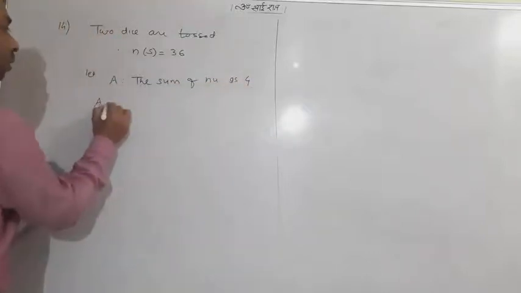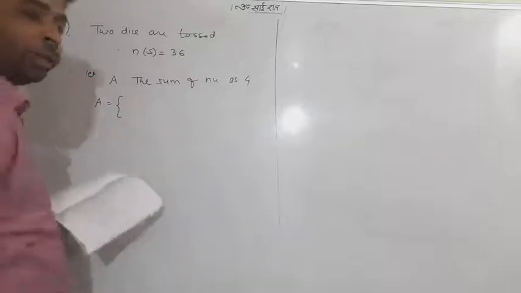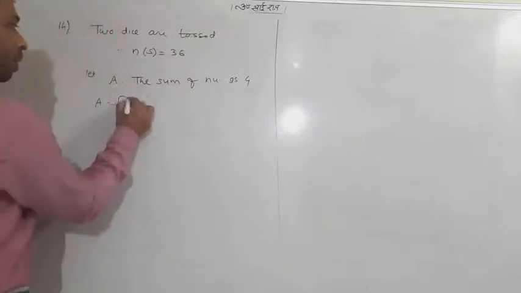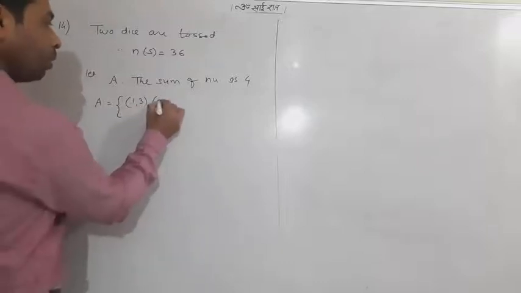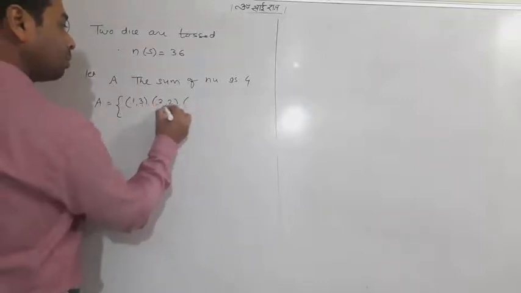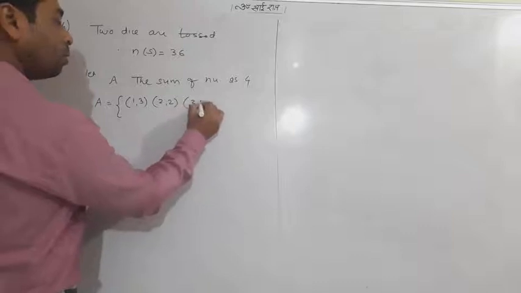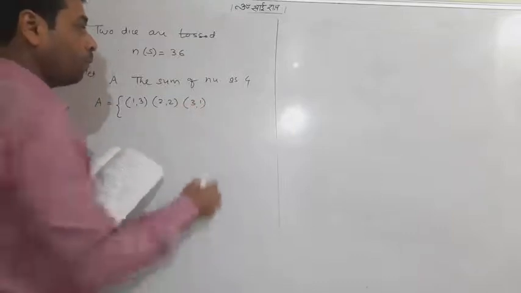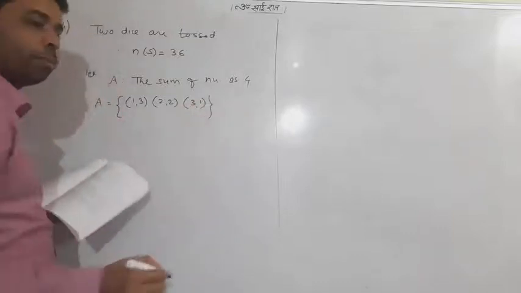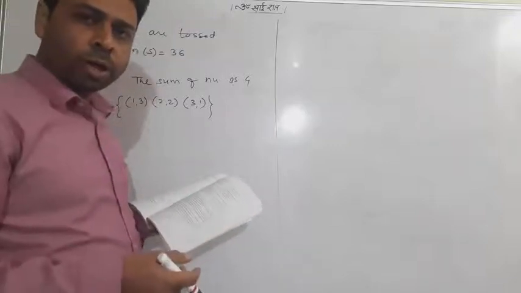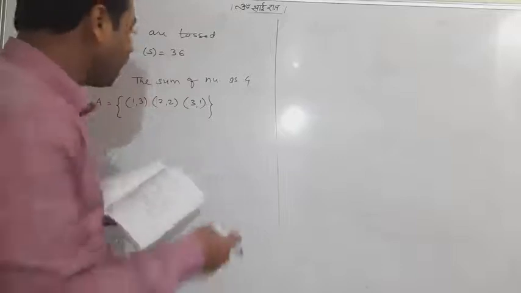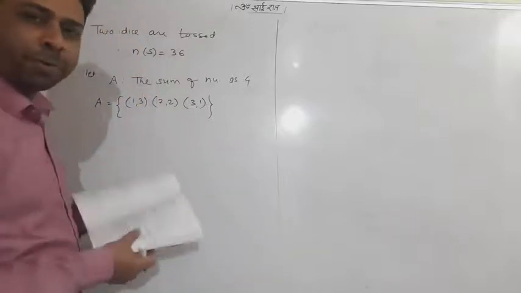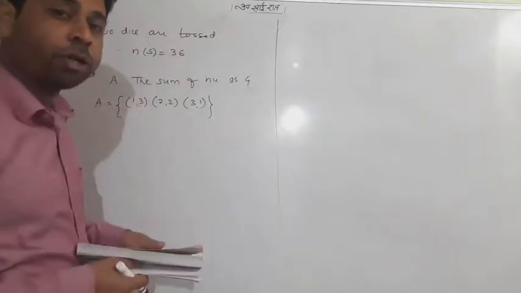So what are the elements in A? It is 1, 3, sum is 4. 2, 2, sum is 4. 3, 1, sum is 4. And enough. Because after it a 4, we cannot have more elements whose sum is 4. A, we have got it. But we don't have to find n of A and P of A.